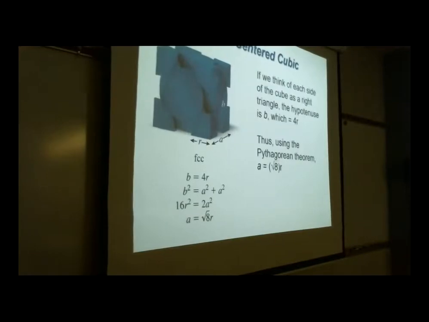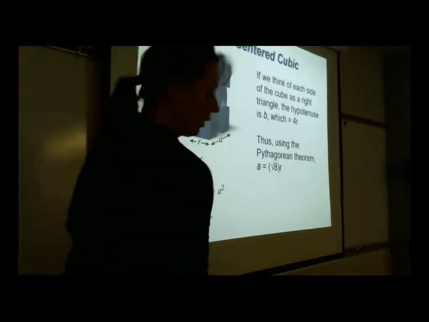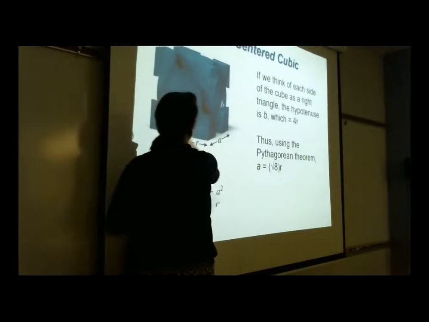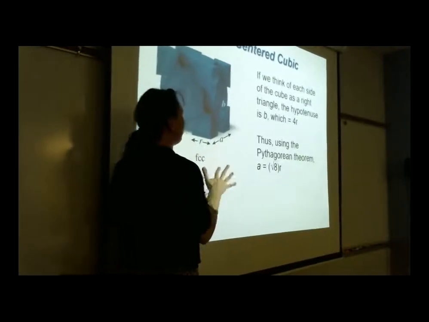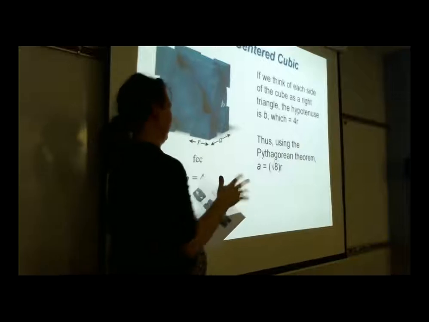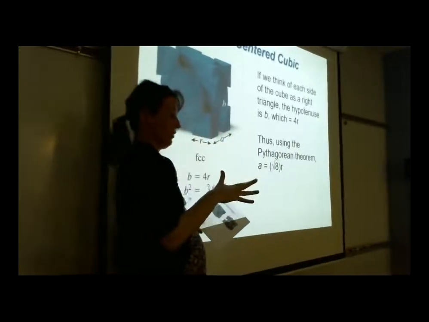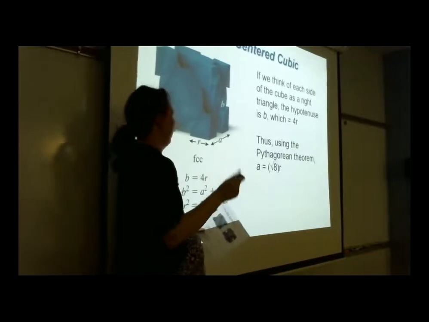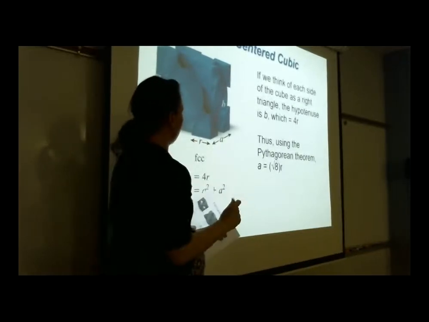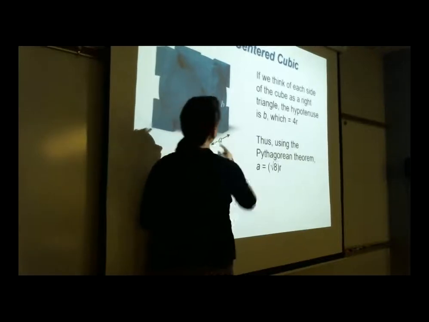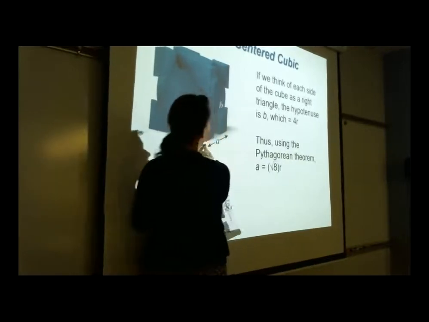Now for face-centered cubic, we're looking at one of the faces. Okay, and we're going to think of it as a right triangle. So boom, boom, boom. Okay, and I'm just showing you the derivation here. I'm not going to make you derive it on a test. But just so you know where this is coming from, this hypotenuse would be 4R.